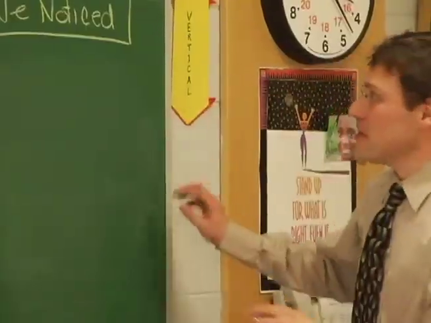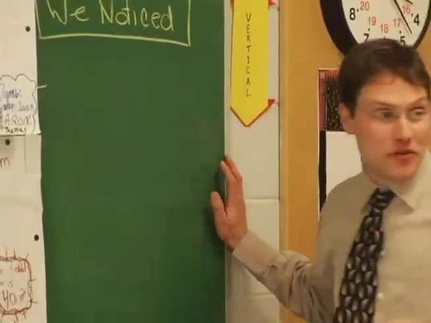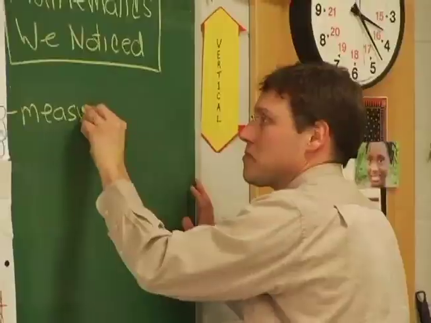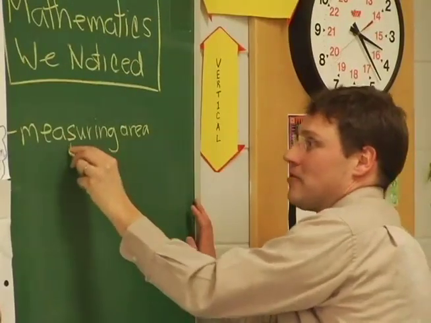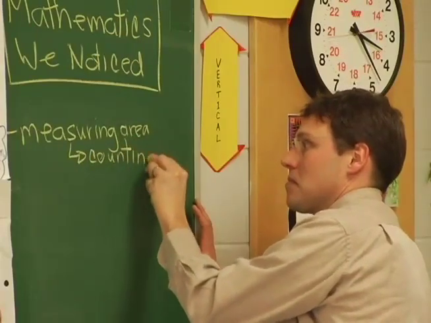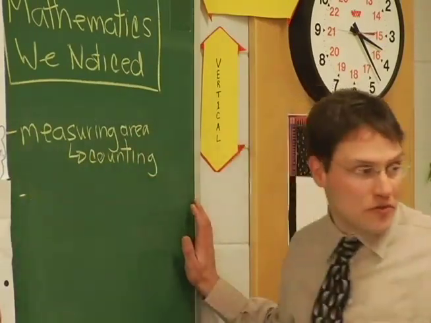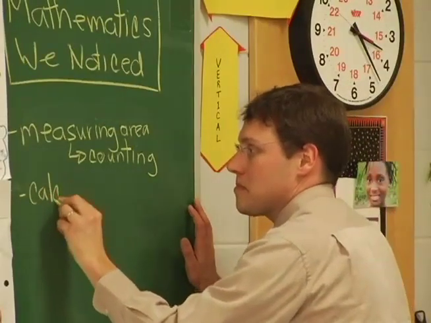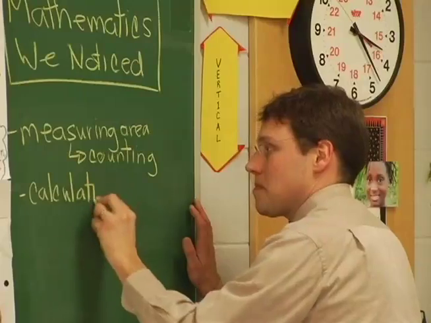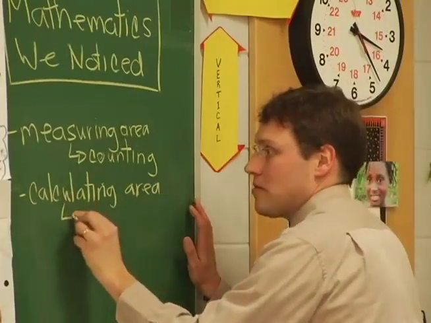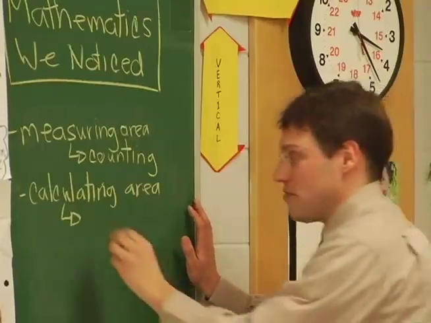So Michael, what you noticed is that some students are measuring the area. And they're doing that by counting. And some students are calculating the area. And what are they using? They're using the formula.